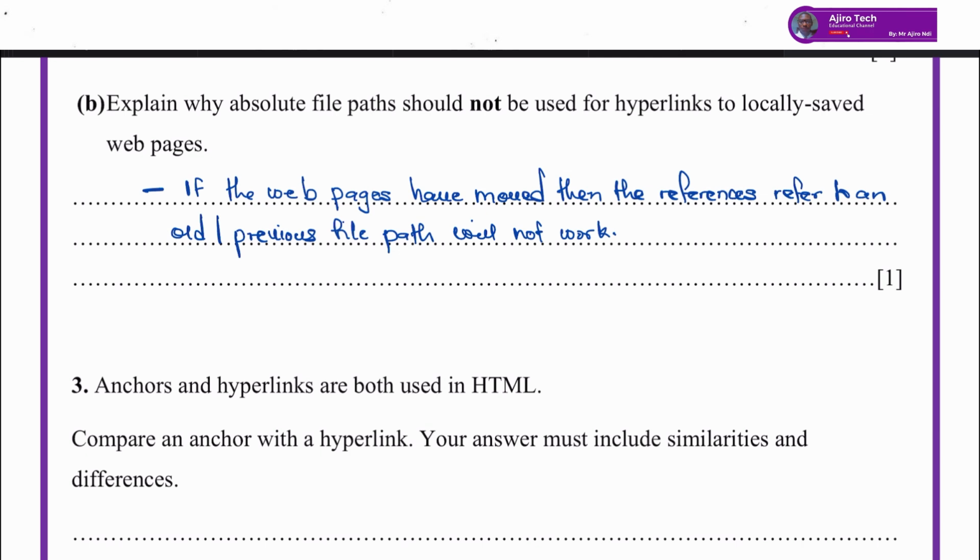That is why it has to be relative, because when we move the same folder to another computer, it would work. But when you move that particular web page to another computer, because it has a different file structure, it's not going to work.